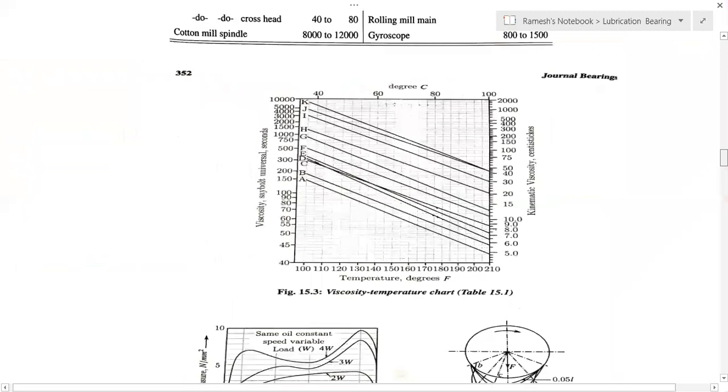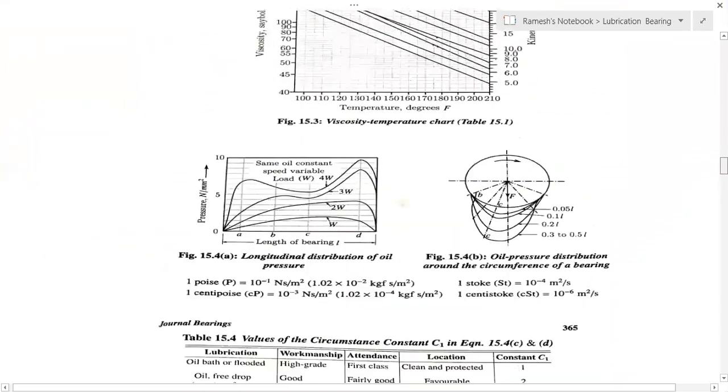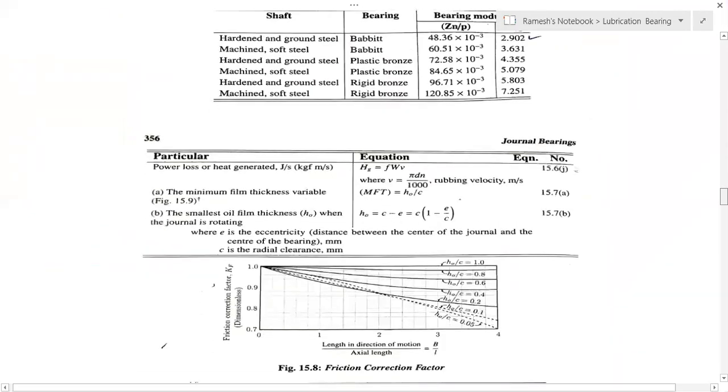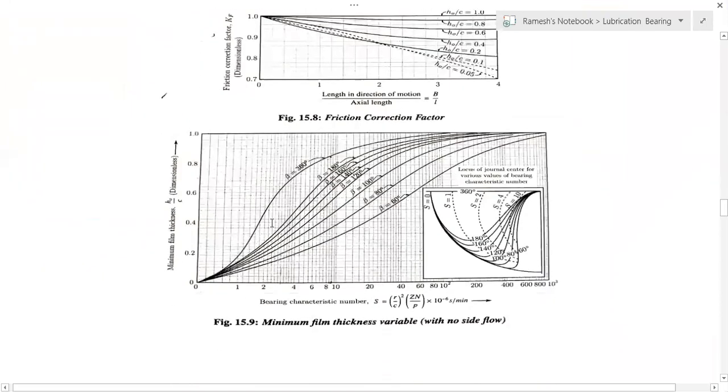I will show you page number 356. Yes, here this equation is used, that is 15, sorry, it is 15.9. I have written 7, it is 15.9. Minimum film thickness: in the x-axis you can see the Summerfield number. Yes, already we have calculated. This is the minimum film thickness, that is H0 by C. From this you will get that.